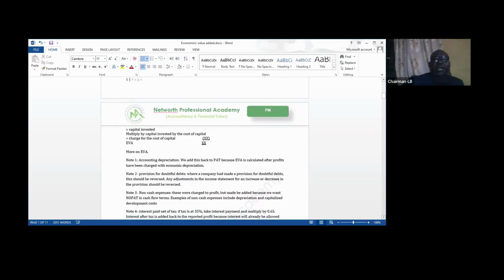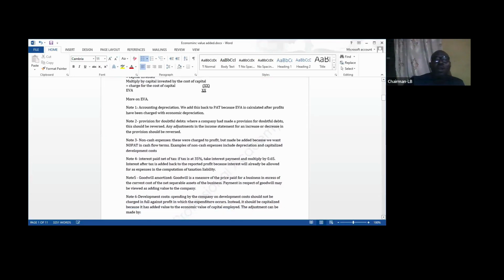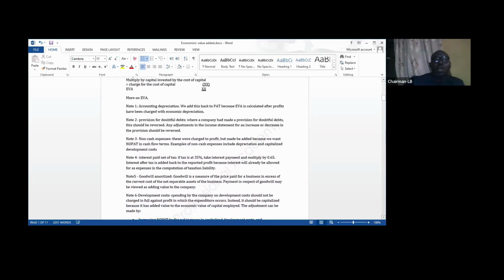One of them is goodwill amortized. Goodwill is a measure of the price paid for a business in excess of the current cost.